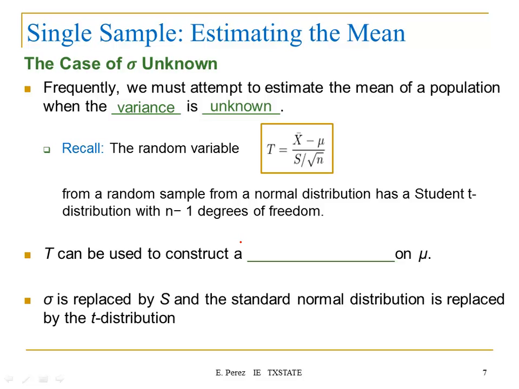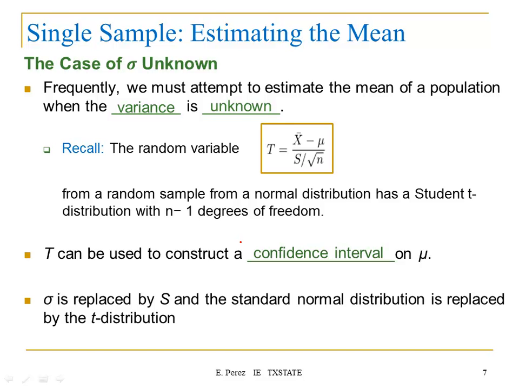So based on what we learned in lecture 12, we know that for such cases we can use the random variable t. A t from a normal sample from a normal distribution has a t distribution with n-1 degrees of freedom. T can be used to construct a confidence interval on mu, the population mean.